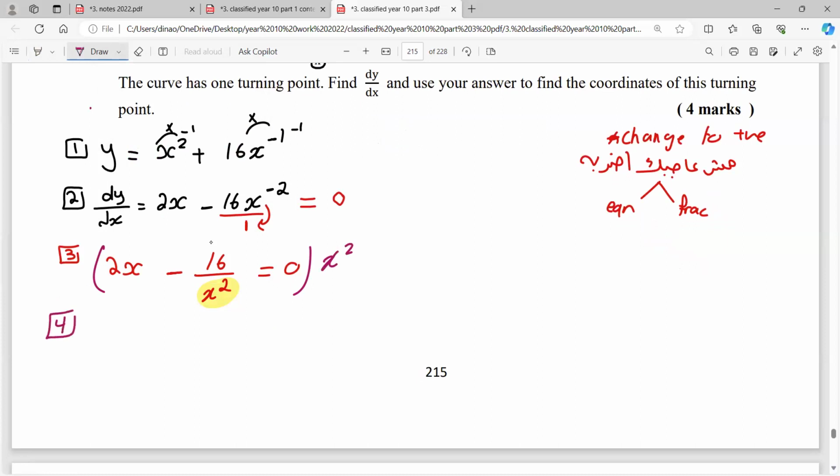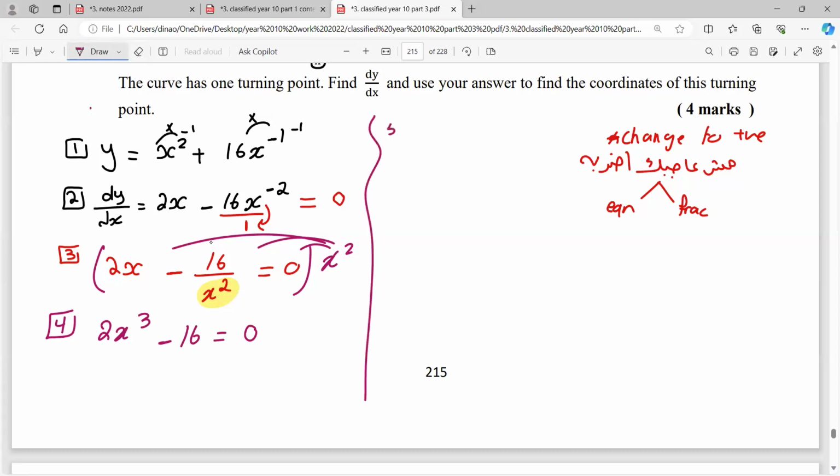The result of the multiplication is 2x times x squared, which is 2x to the power 3, minus x to the power 2 multiplied by the fraction. The numerator only remains, which is 16. And of course x to the power 2 times 0 is 0. Divide by 2, or not needed here, as you like.